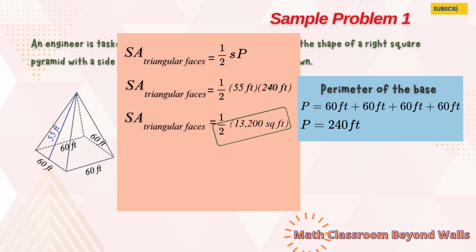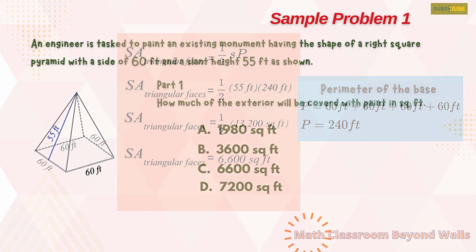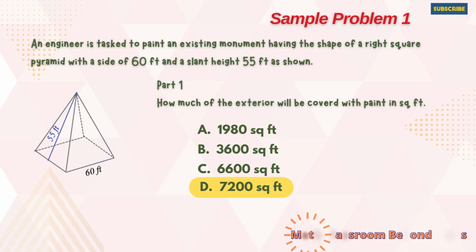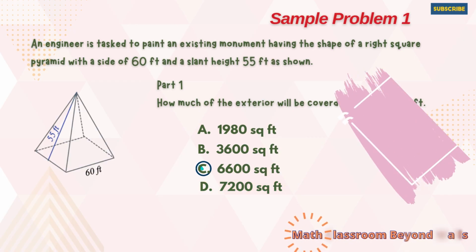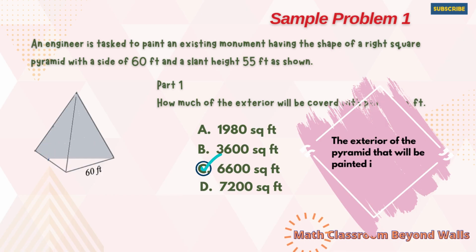Dividing 13,200 square feet by 2 gives us 6,600 square feet. So what is our answer, learners? Is it option A, option B, option C, or option D? Okay, so it is option C. The exterior of the pyramid that will be painted is 6,600 square feet. That was easy.